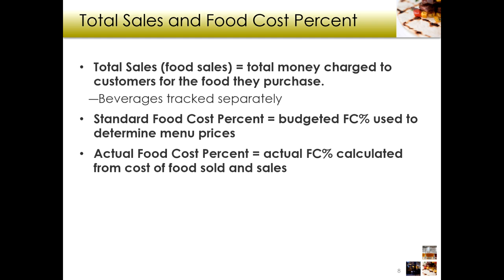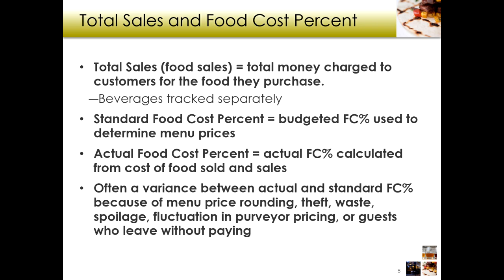And then we have our actual food cost percentage, which is what we just calculated here, right? These are never going to be the same, right? If they're the same, it's a fluke. These are all based on potential or our standard and then our actual, right? And remember, our standard food cost was based on a perfect world. We didn't throw anything out. Nothing went bad in our cooler. Prices didn't change, right?